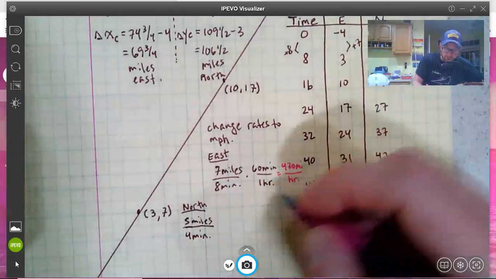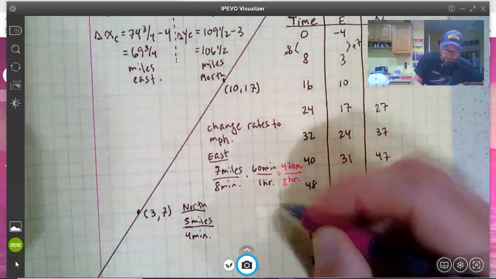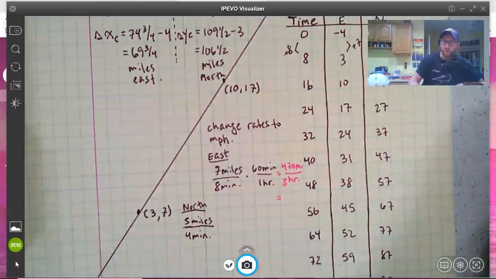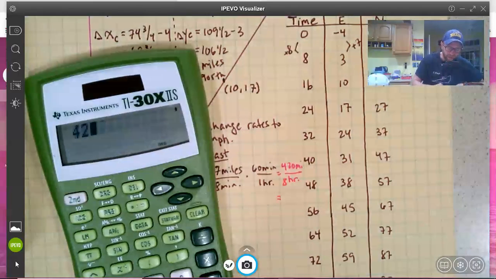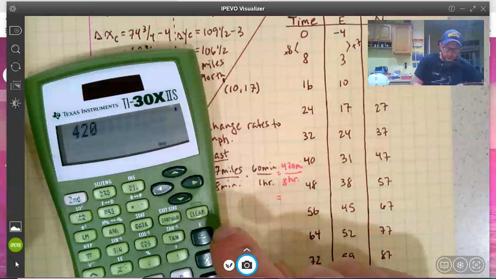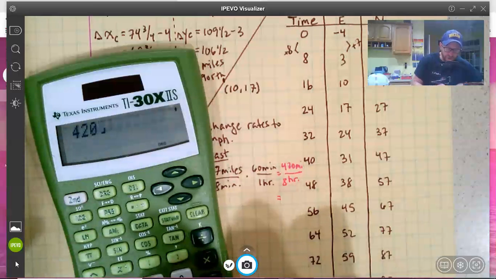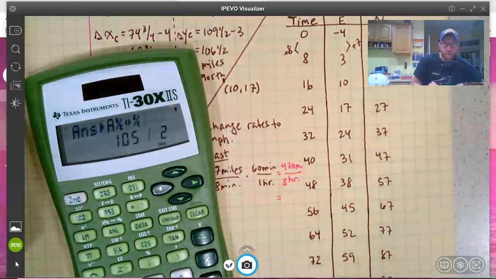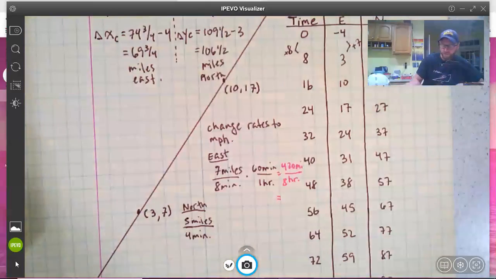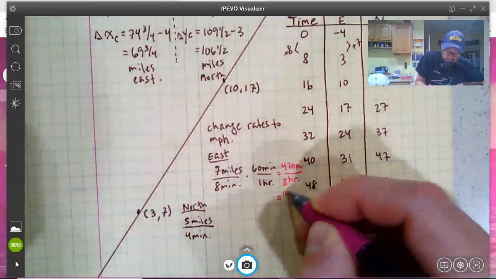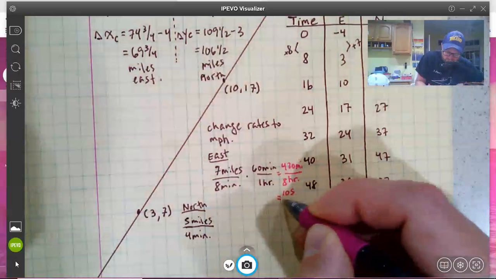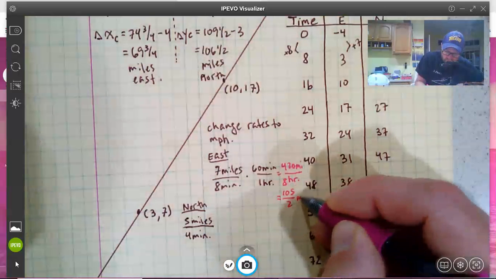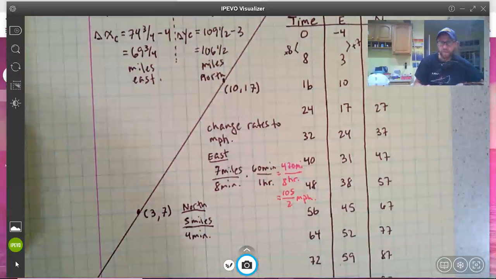Yes, that's 420 per 8 times 1 is 8 for 8 hours. So 420 divided by 8. Let's see, that's not going to be divisible by 8. So that gives us 52.5, which is 105 over 2 miles per hour. I knew something was wrong here.